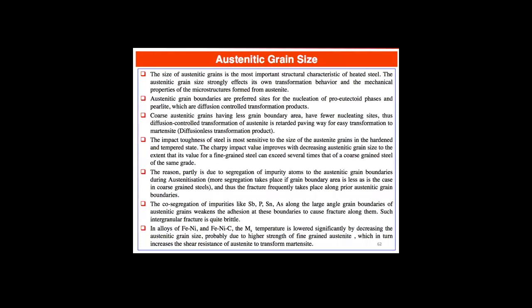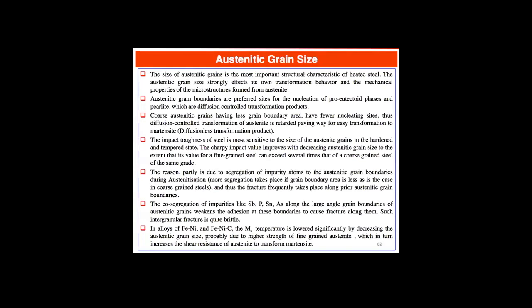Okay, so the austenite grain size is a very important structural characteristic of your final steel, right? So austenite, we talked a lot about nucleation of ferrite and pearlite and bainite at the prior austenite grain boundaries, right?